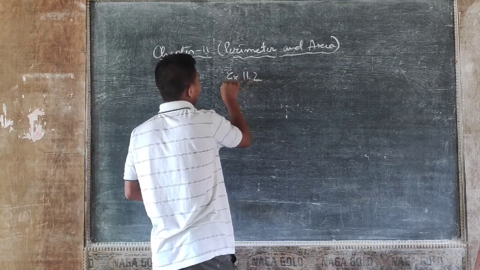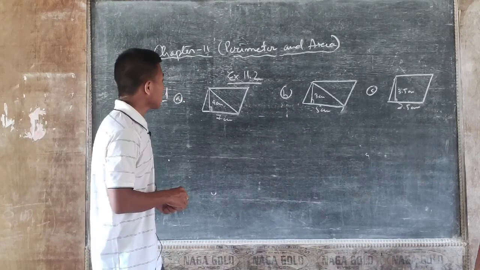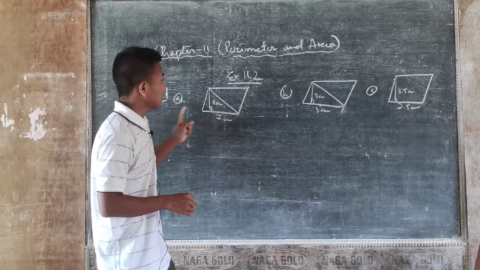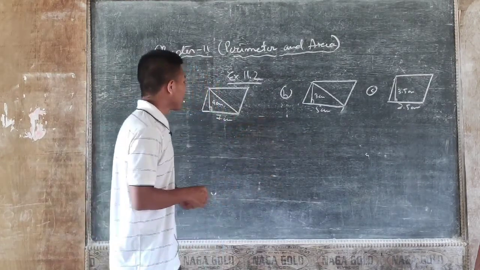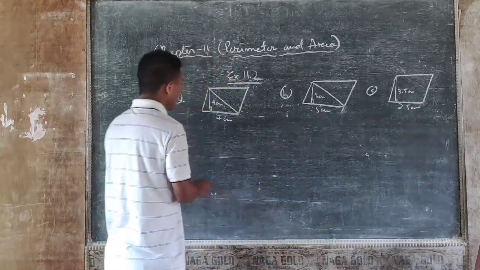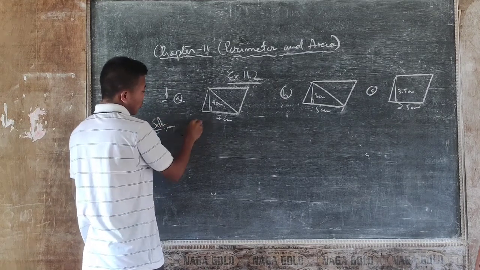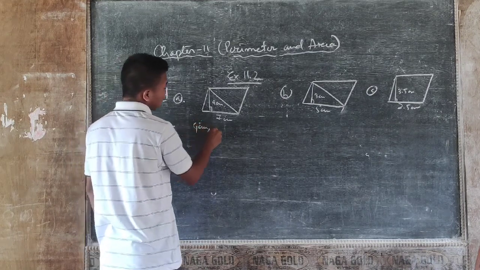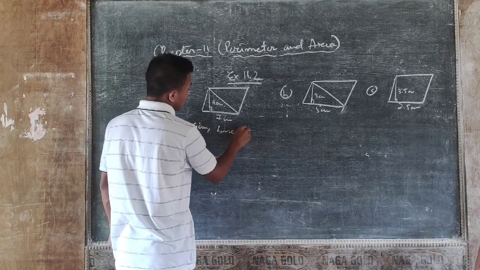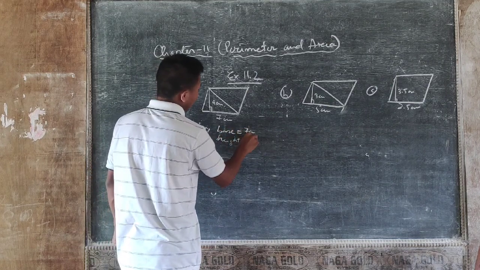Now let us solve the exercise. Exercise 11.2, question number 1A, B and C. We are given parallelograms and we have to determine their areas. So for this A, what are we given? We are given the base is 7 cm and the height is 4 cm.